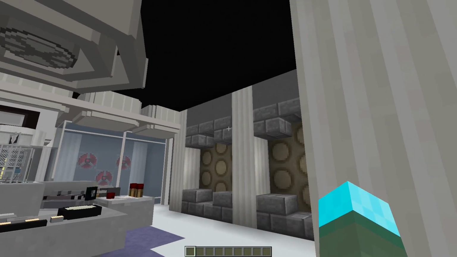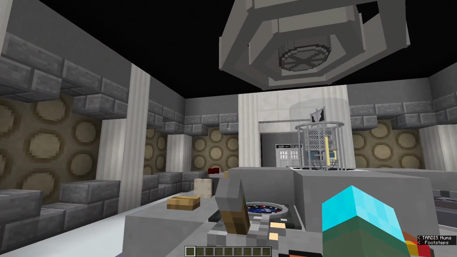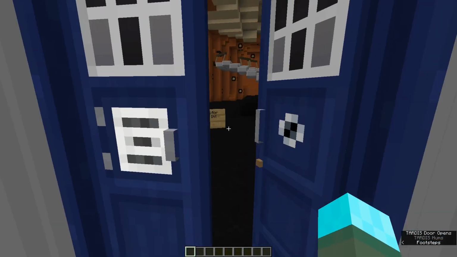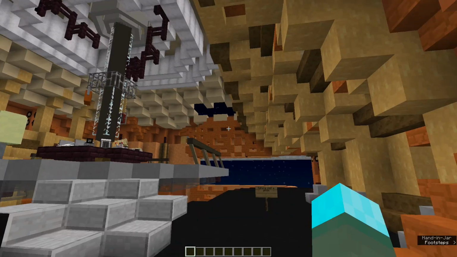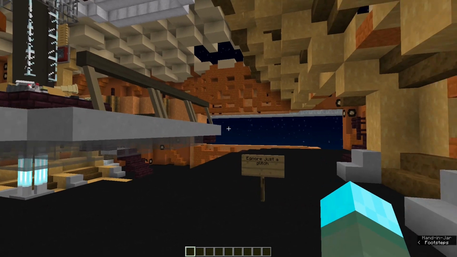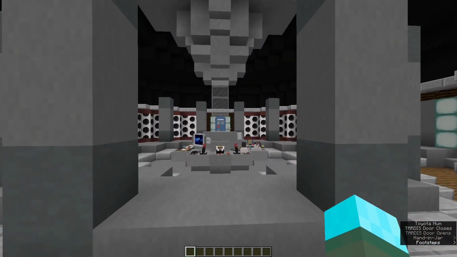So this is the default interior. Eleventh Doctor's Interior 2010. Ignore this. Alpha Interior.